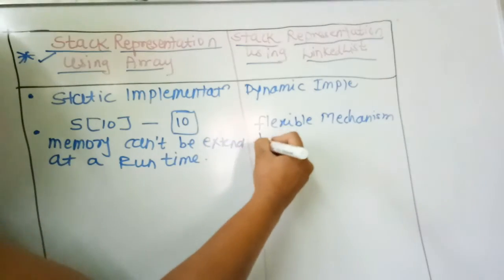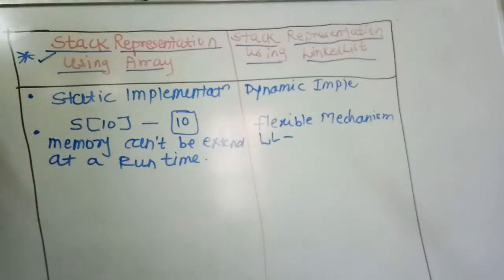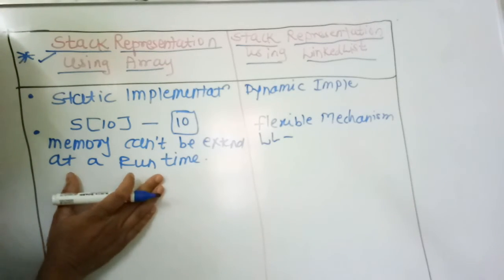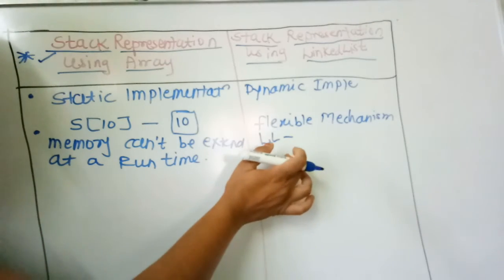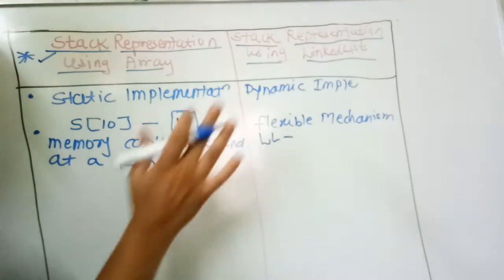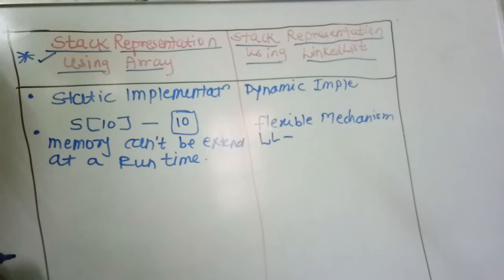Because you are using a linked list, and you all know that a linked list is the mechanism in which you can extend the memory at runtime depending on the user demands. So this is the inflexible mechanism, and this is the flexible mechanism. Here the memory limitation occurs, and here the memory limitation does not occur.